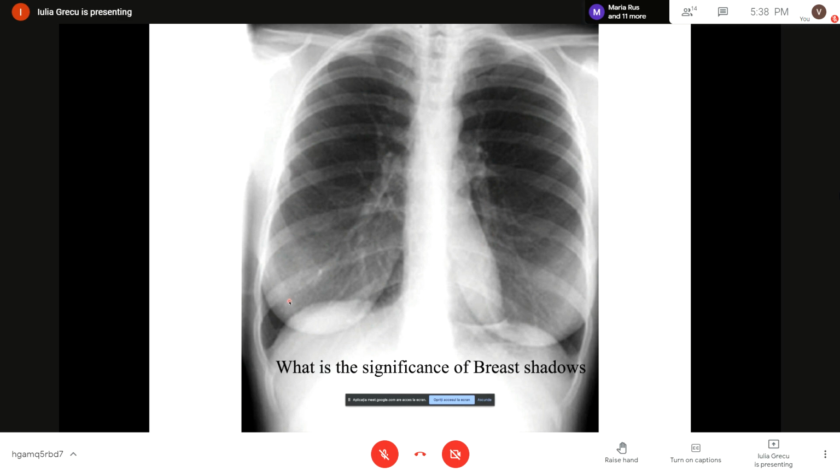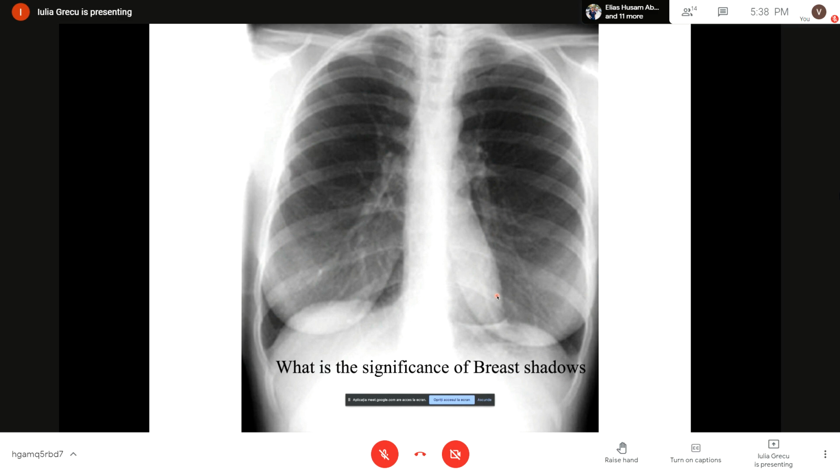They should be symmetrical, and because of this shadow of the superimposed breast on the film, sometimes the interstitium of the lung can appear a bit more pronounced in these areas, only because there are a lot of tissues lying on top of each other, and when the beam passes through them, a lot of structures will appear on the film.